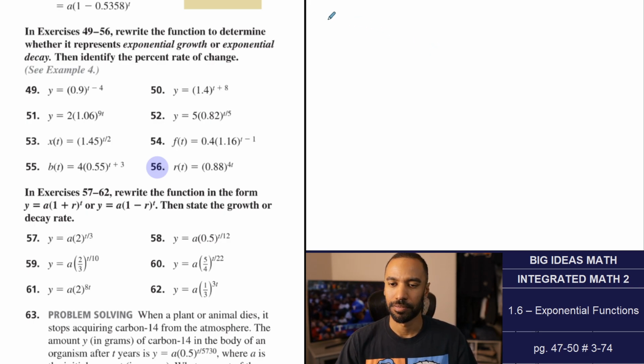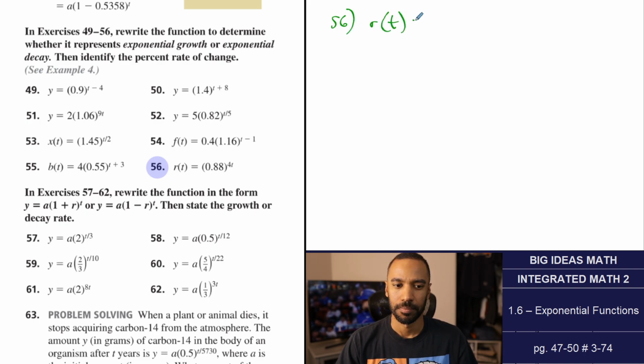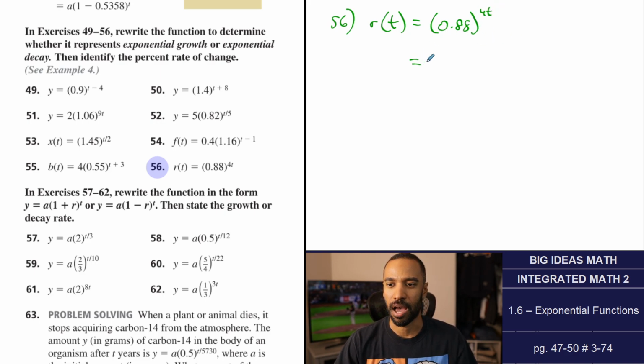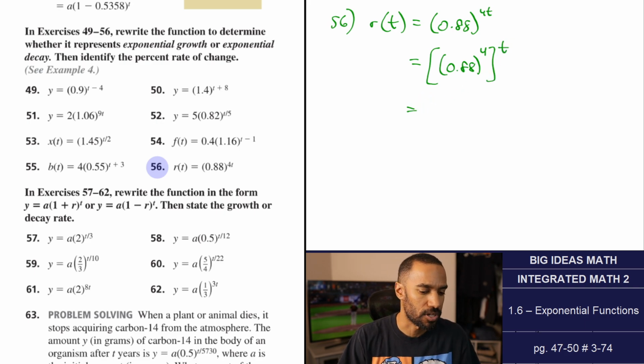Where we have r of t equals 0.88 to the 4t power. Now this goes back to the power of a power method. So this is 0.88 to the 4th power, all raised to the t power. That will become an approximation of some sort. 0.88 to the 4th. This is still the b value though. 0.599.